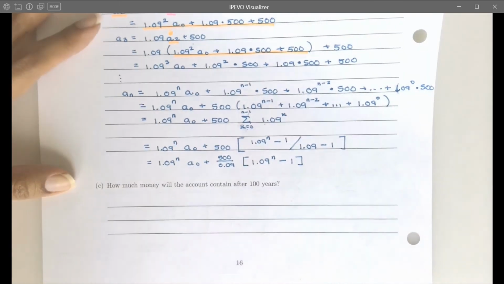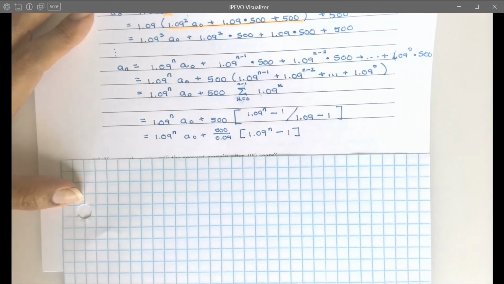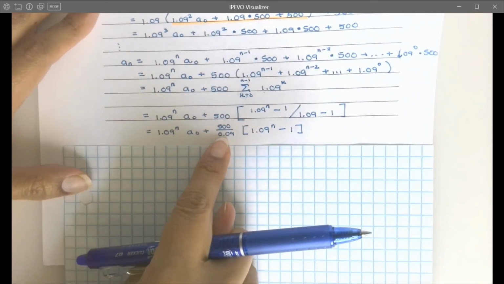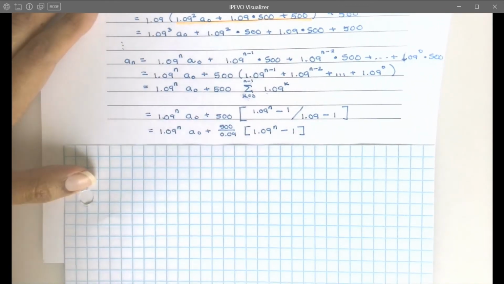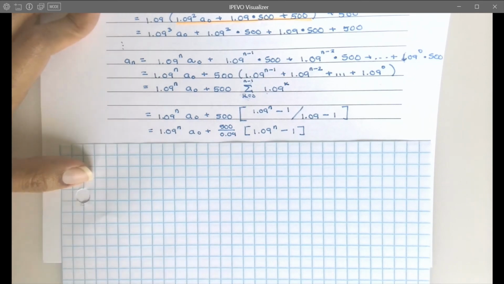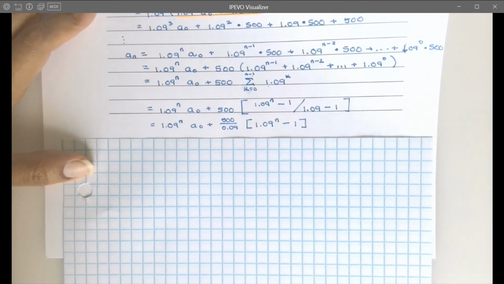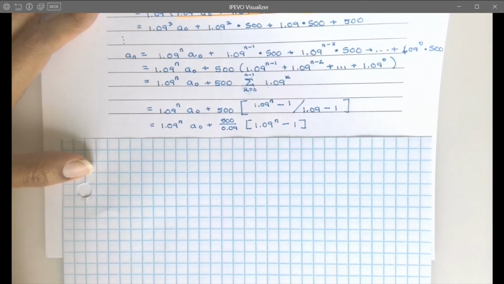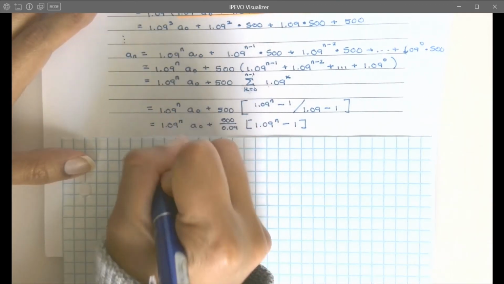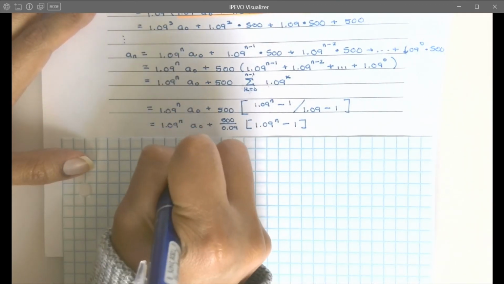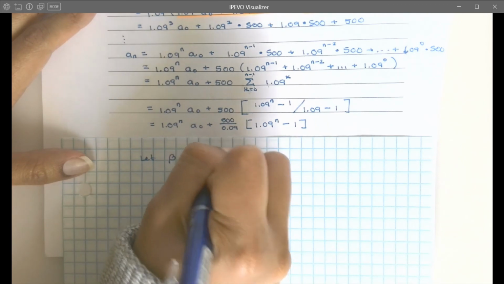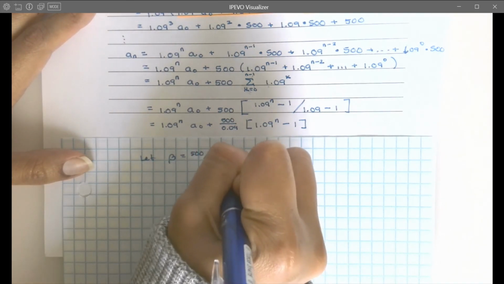And just so that it writes out a little bit cleaner, I'm going to let this be represented by a constant, let's call it beta. Okay, so let beta be 500 over 0.09.